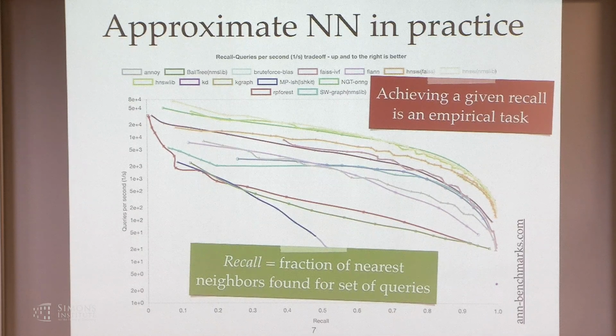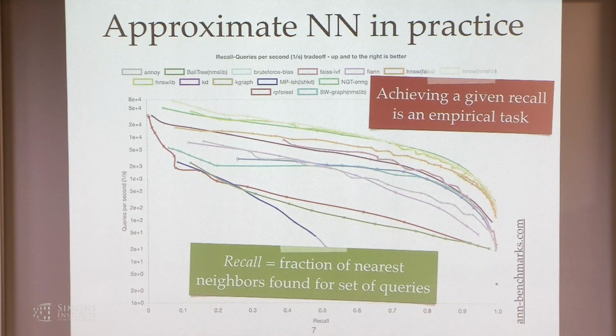So there is this discrepancy. We have theoretical work that has approximation in terms of distance approximation, and we have these empirical results that talk about the fraction of time we succeed in practice.